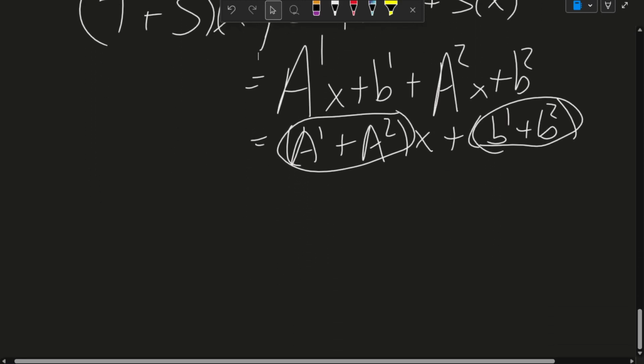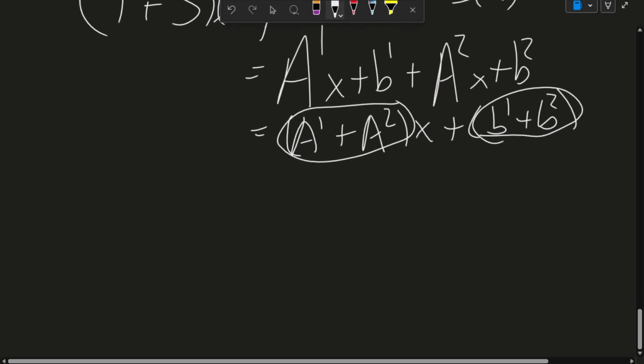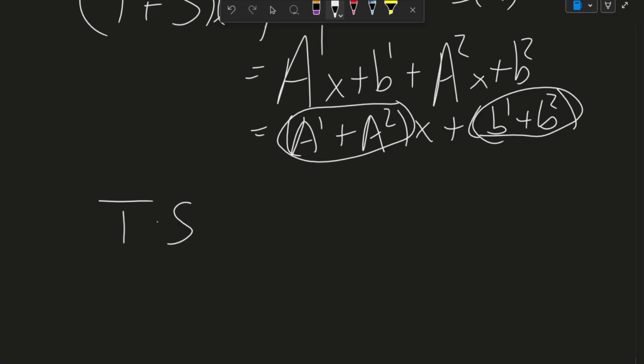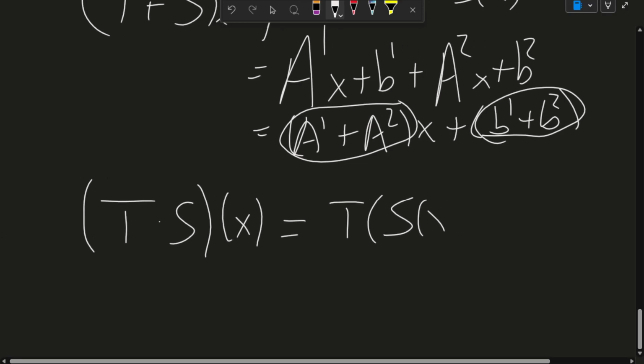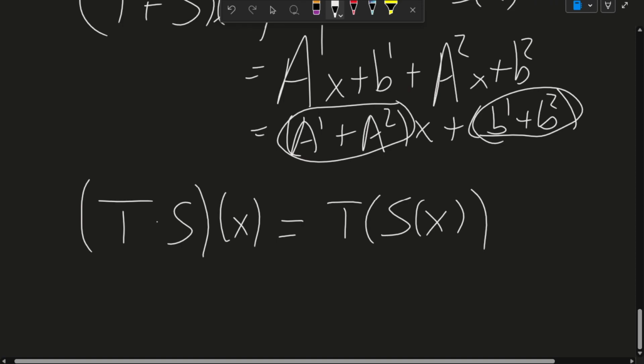Great. So what if we want to multiply? Well, we want T times S of x to be equal to T of S of x. Again, we can just plug it in.